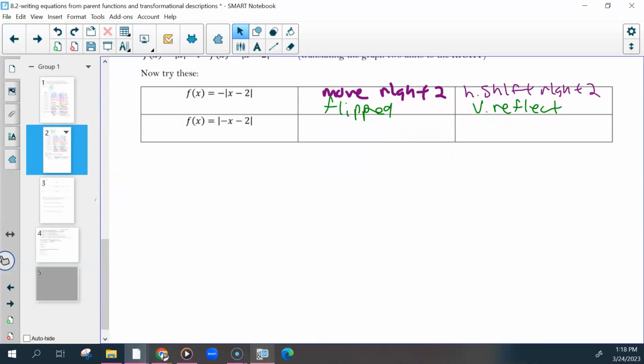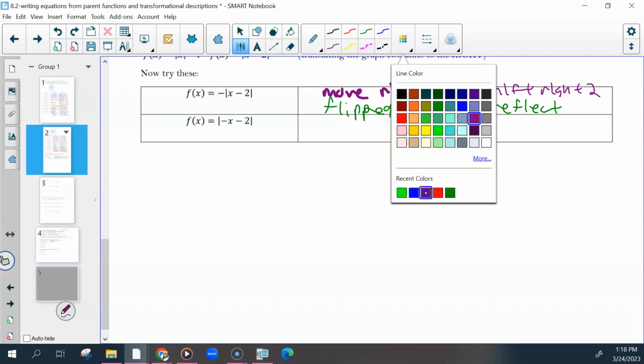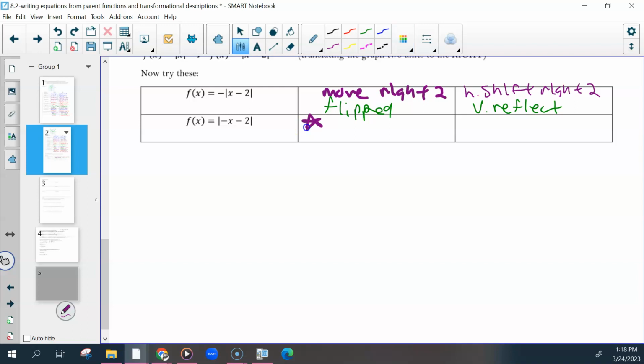So I'm going to write in what it looked like it did, but also what it actually did. And then I'll answer your questions. So this one to start is what it looked like it did.